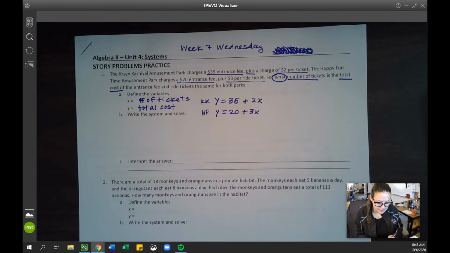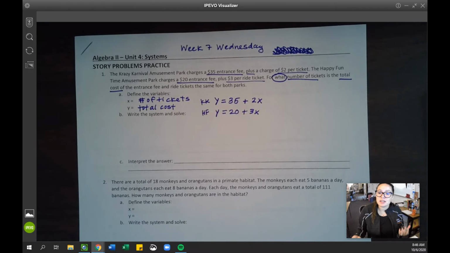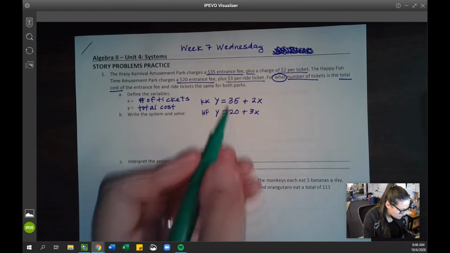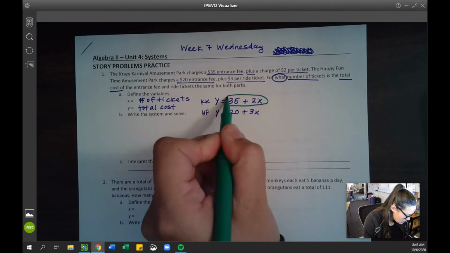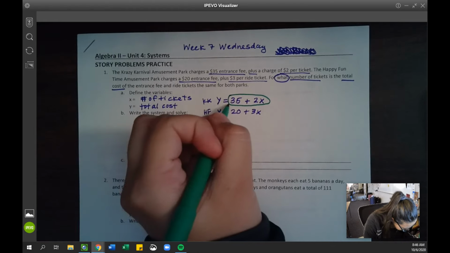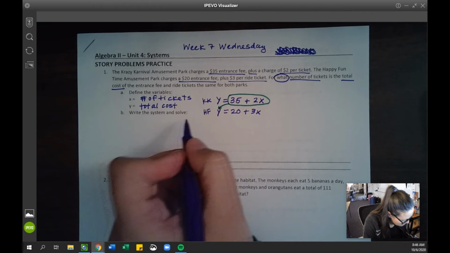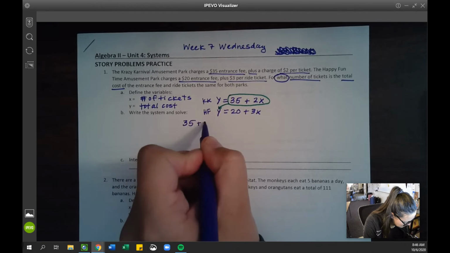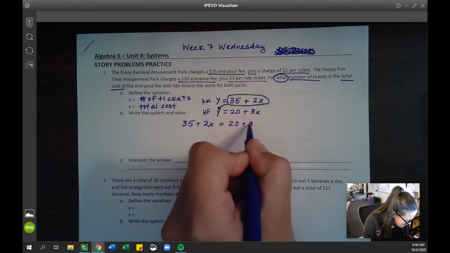And this system is set up perfectly for substitution. And again, it's up to you how you want to solve it. But this one is definitely set up best for substitution. So I'm going to take that 35 plus 2x and put it in the place of y, which is going to give me 35 plus 2x equals 20 plus 3x.